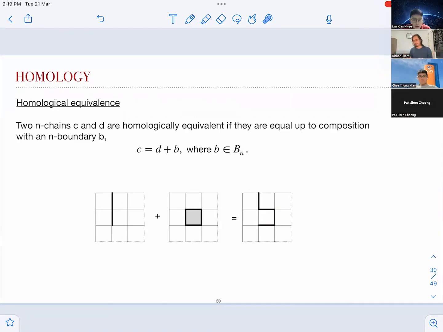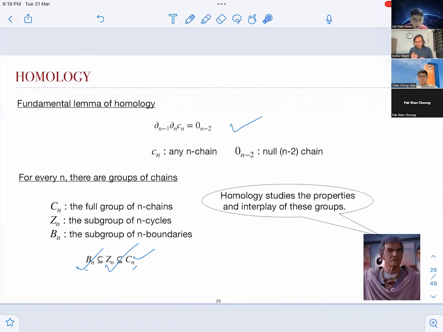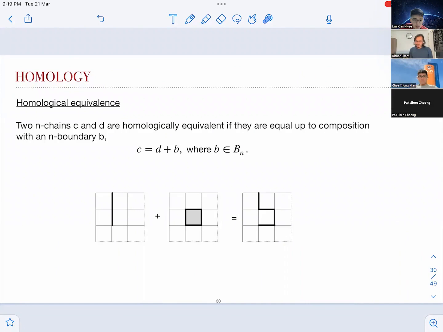Why am I talking about it? Because the group of boundaries will be used to partition your entire set of n chains into different equivalence classes, using this equivalence relation.